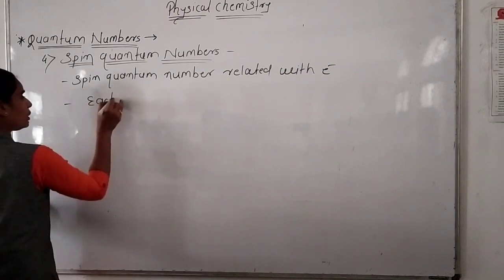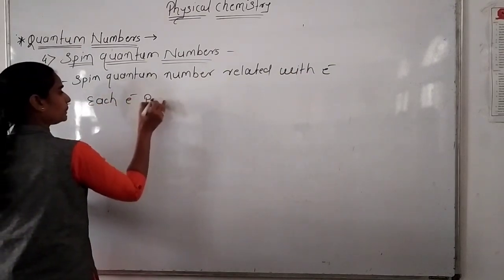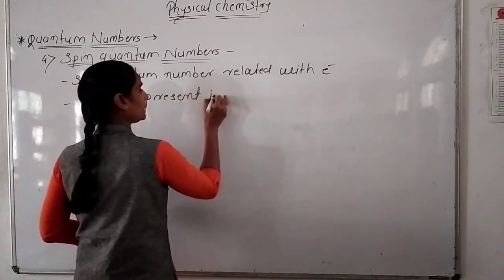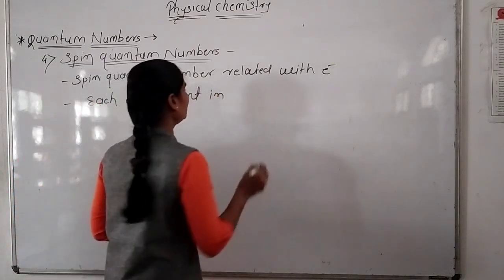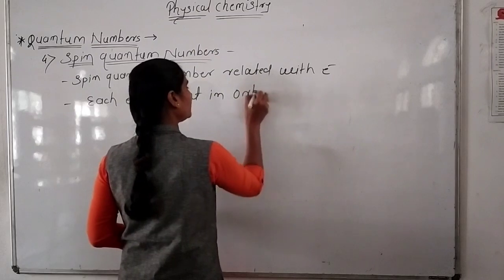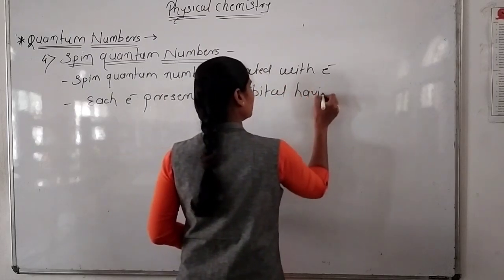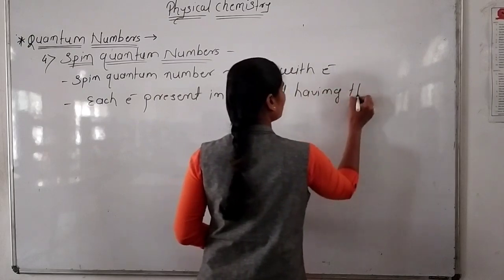Each electron present in an orbital has its own spin value.